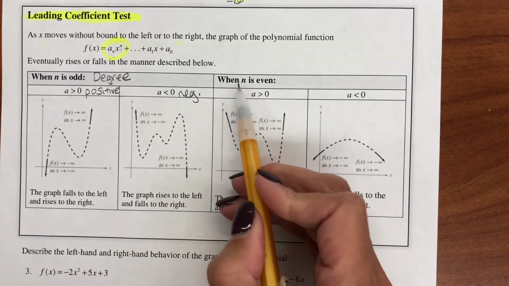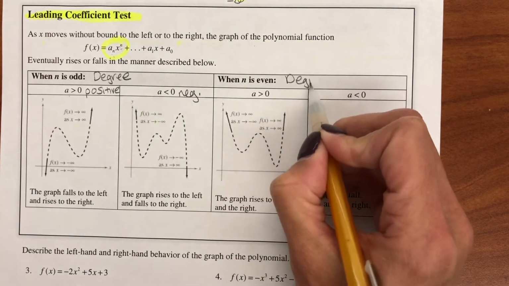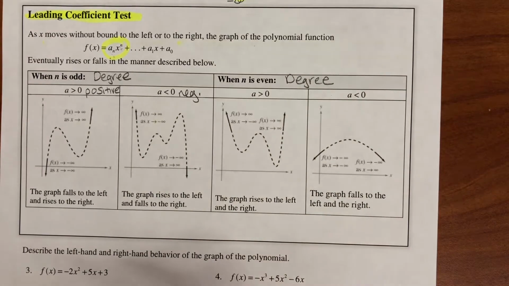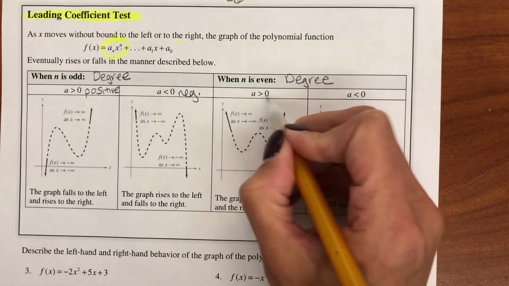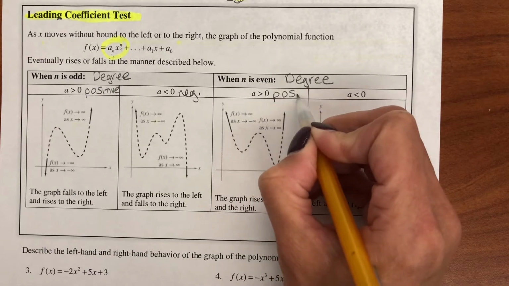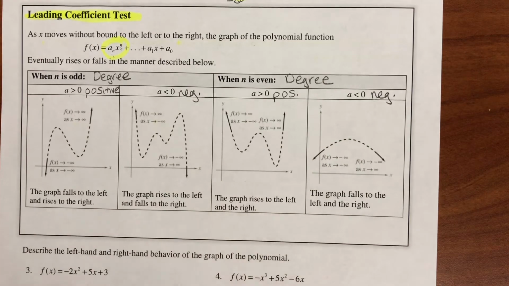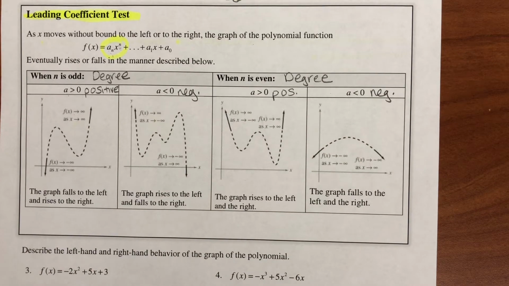And then the second case is when that degree is even. So the first highest exponent is even, and then you would look at, is the leading coefficient positive or negative? And then you would use this chart to figure out what the end behaviors are doing.